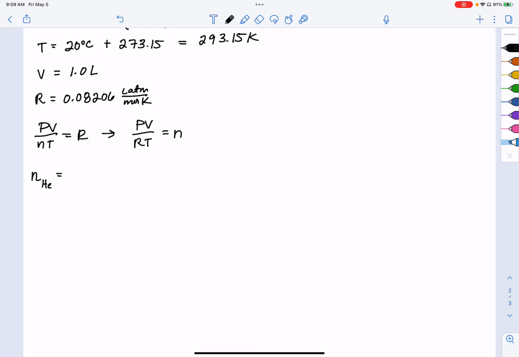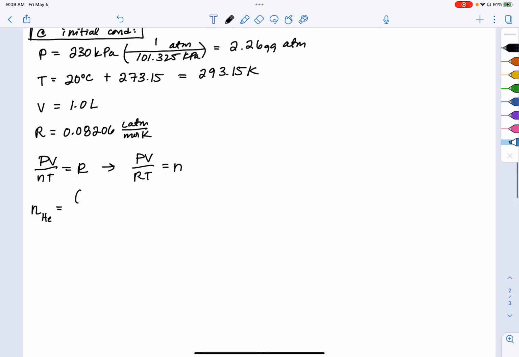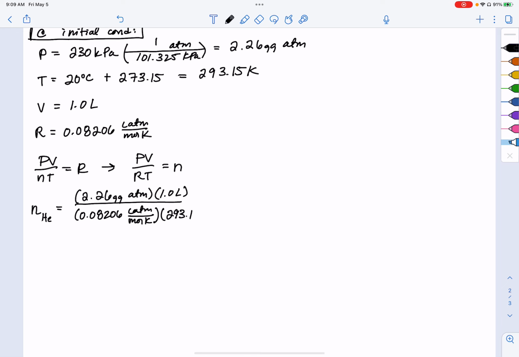So moles of helium, this is going to be my pressure, which was 2.2699 atmospheres times my volume over my gas constant times my temperature. All right, so let's figure out what that is.